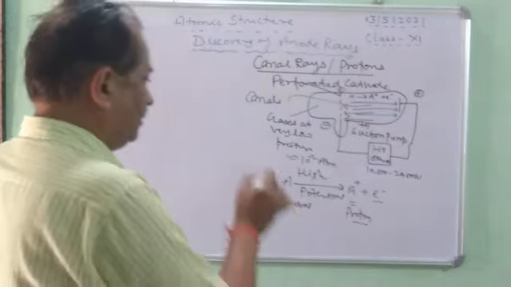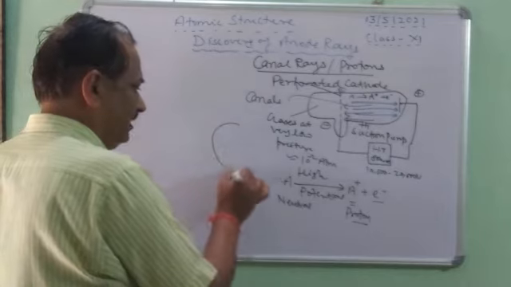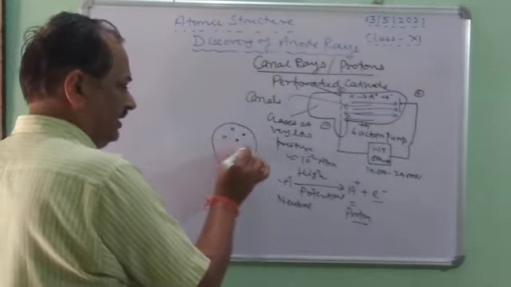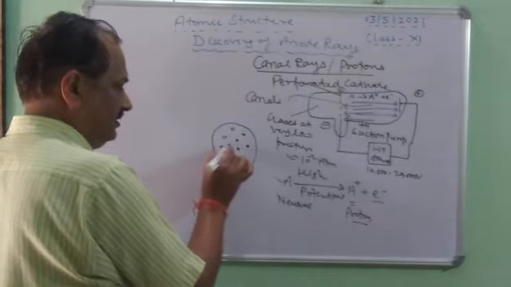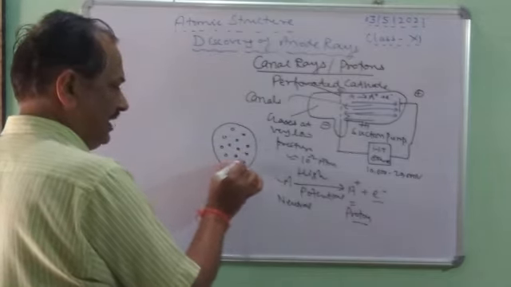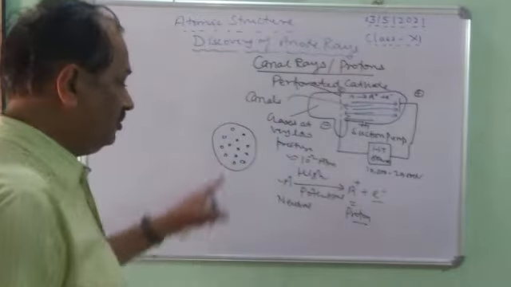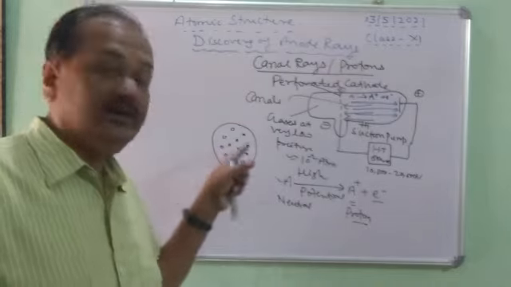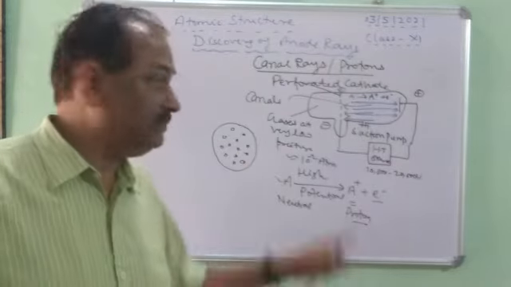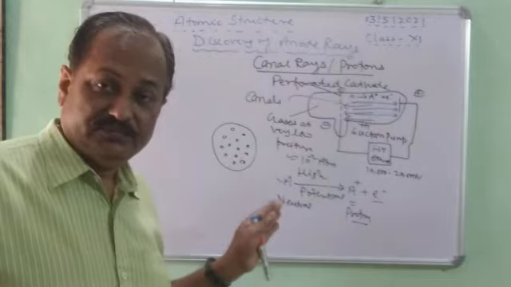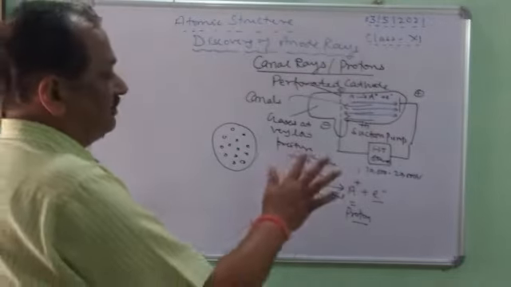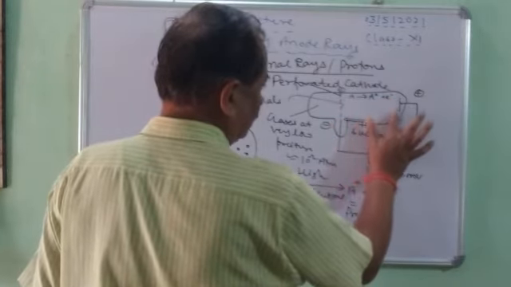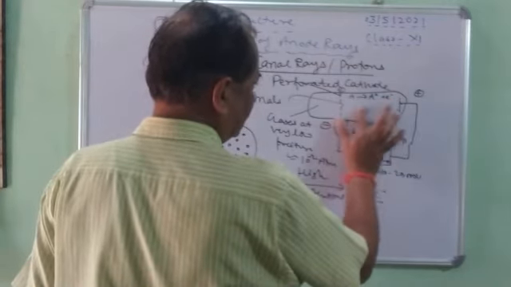And how can you see this? This is the front portion of the perforated cathode. All the particles will not pass through the holes, because the holes are limited, so some will be able to pass through, and as a result there will be the formation of canals. We can represent it more precisely like this.